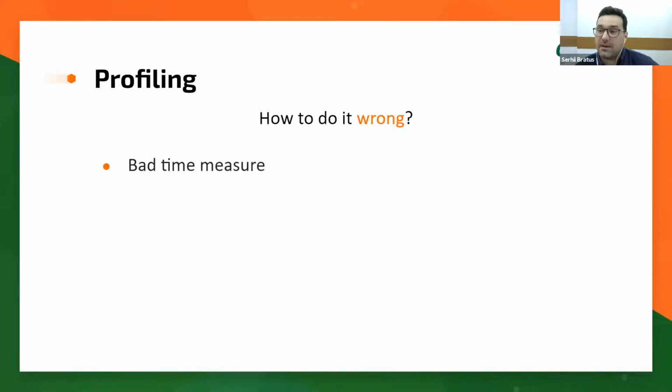Bad time measure. When you measure your things, you have to use a time that is in the same ballpark as your acceptance precision level. If you are measuring seconds, let's say you measure downloading a few gigabytes file, it depends on the network, of course.